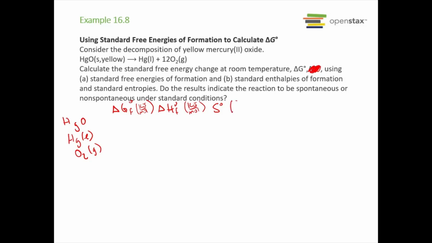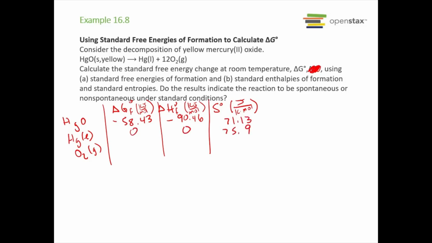And entropy is given in joules per Kelvin per mole. All right, so negative 58.43, negative 90.46, and 71.13, 0, 0, 75.9, 0, 0, 205.2.